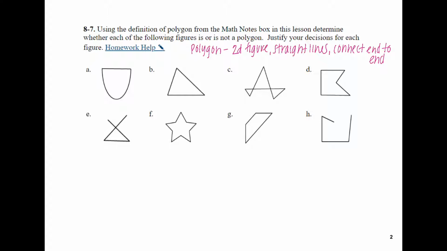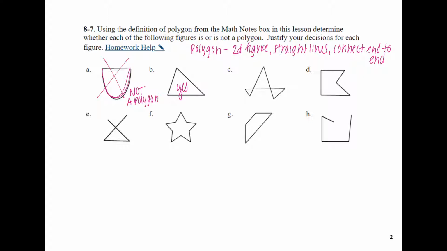So looking at example A, this curve tells us that this is not a polygon. When I look at letter B, I have a shape that is connected using straight lines, so it is a polygon.